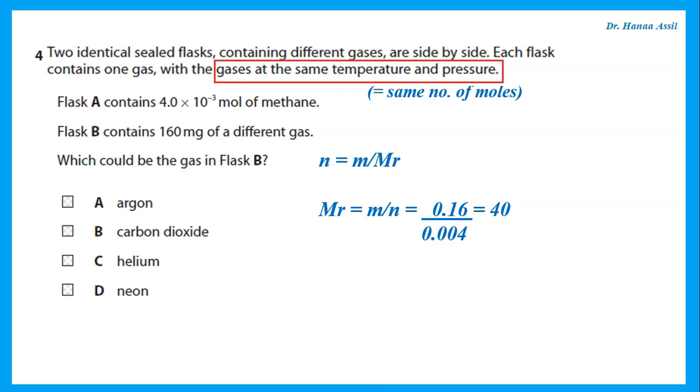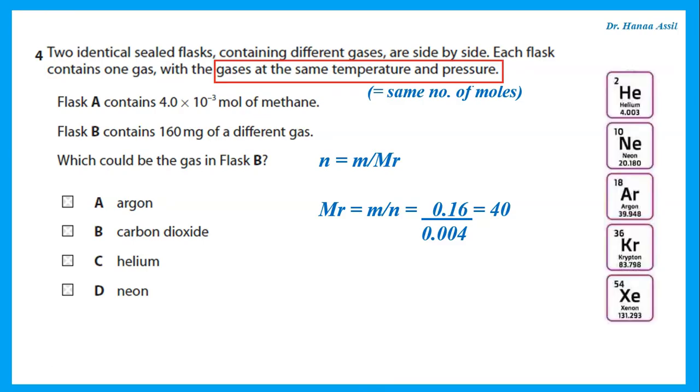This gives me an MR of 40. That means my gas has an MR of 40. Now, out of these choices, we have, first of all, argon, helium, neon. If you look at group 8, or the noble gases, the one that has an MR of 40 is actually argon. If we calculate the MR of carbon dioxide, MR of carbon dioxide is 44, not 40.